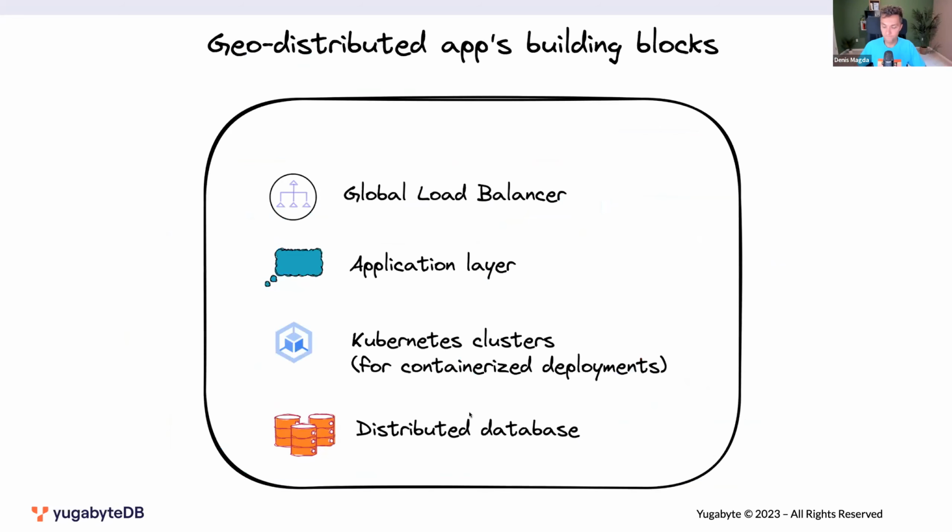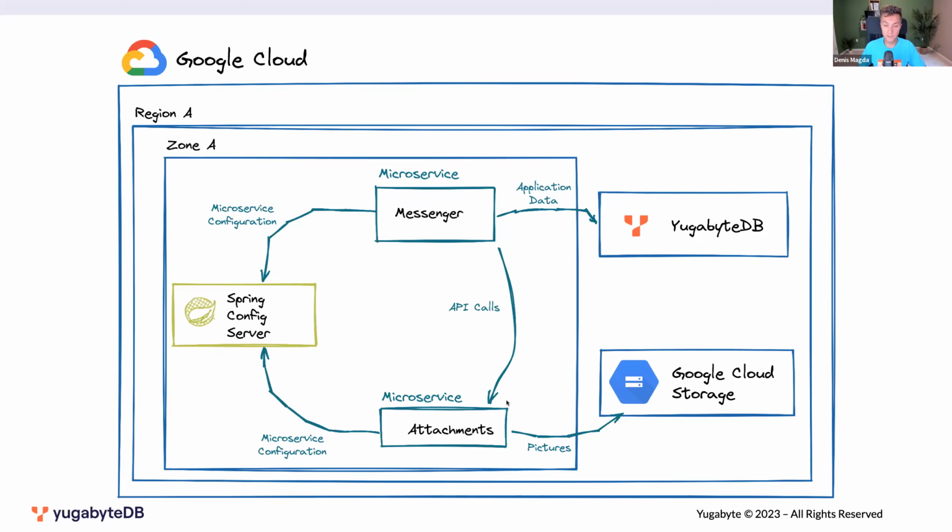The second microservice is called attachments, and this microservice is responsible for loading different pictures. Let's say one user wants to share a picture, and that picture will be uploaded using this attachments microservice and stored in Google Cloud Storage.